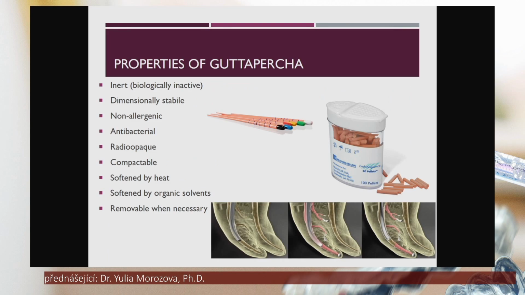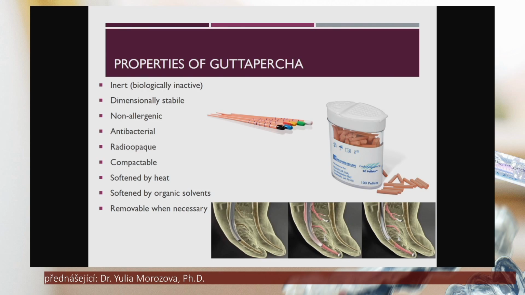So gutta percha is an inert, so-called biologically inactive material that is non-allergenic and dimensionally stable. It also has some antibacterial property. It's radiopaque, it's compactable, so this is an important property because we use a compaction method using the gutta percha. It could be softened by heat, by organic solvents, and it's relatively easily removable when necessary.